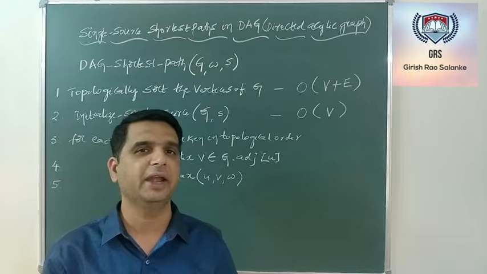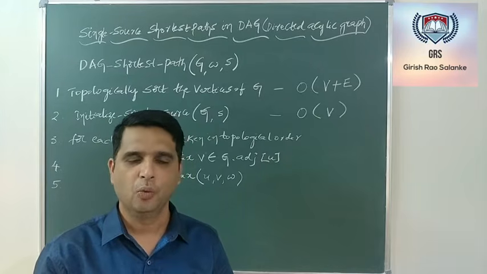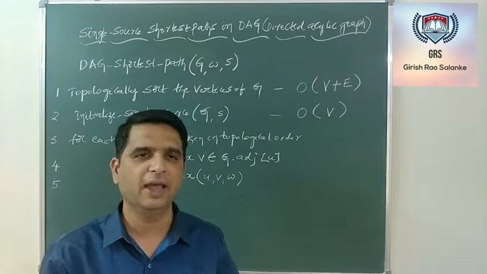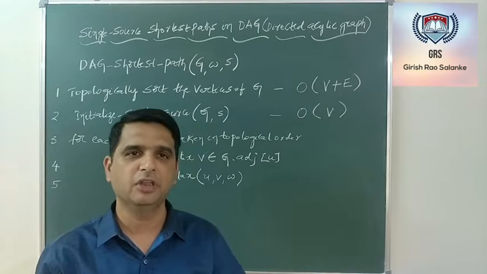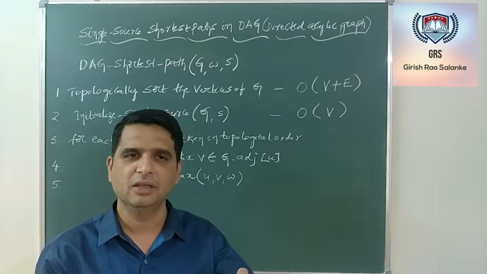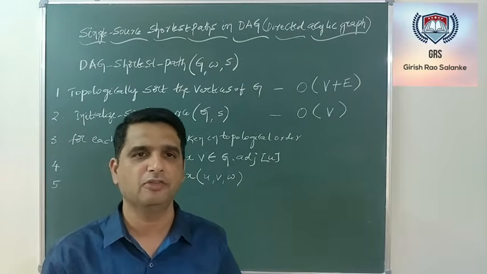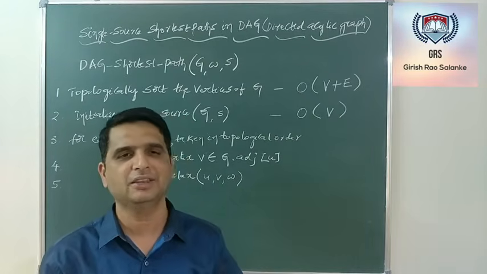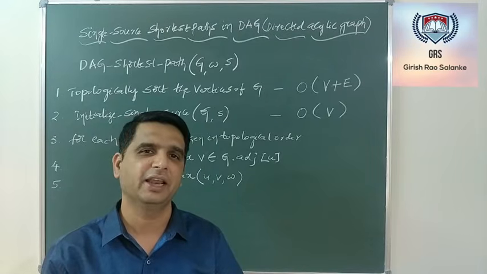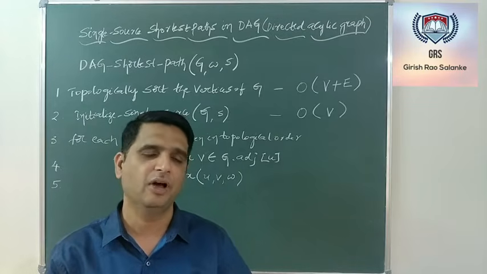But if you take the aggregate analysis, the meaning of aggregate analysis in the sense, assume that in the entire process, we may do relaxation 10 times. Out of those 10 relaxations, one of the relaxations may take a large amount of time, but all the other relaxations will take constant time. So that is the meaning of aggregate analysis. Aggregate in the sense it is nothing but the amortized analysis of an algorithm.